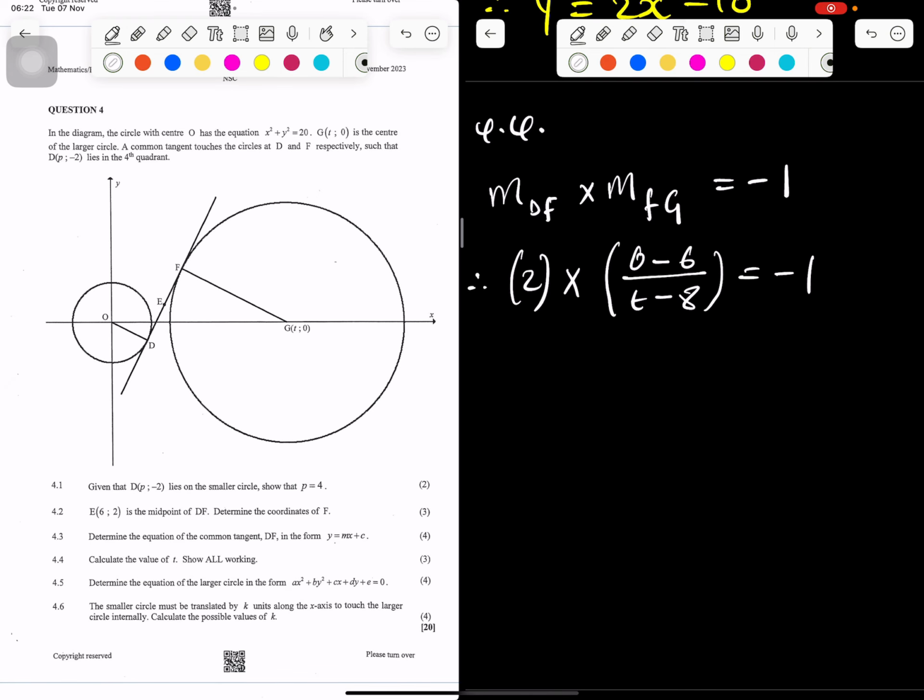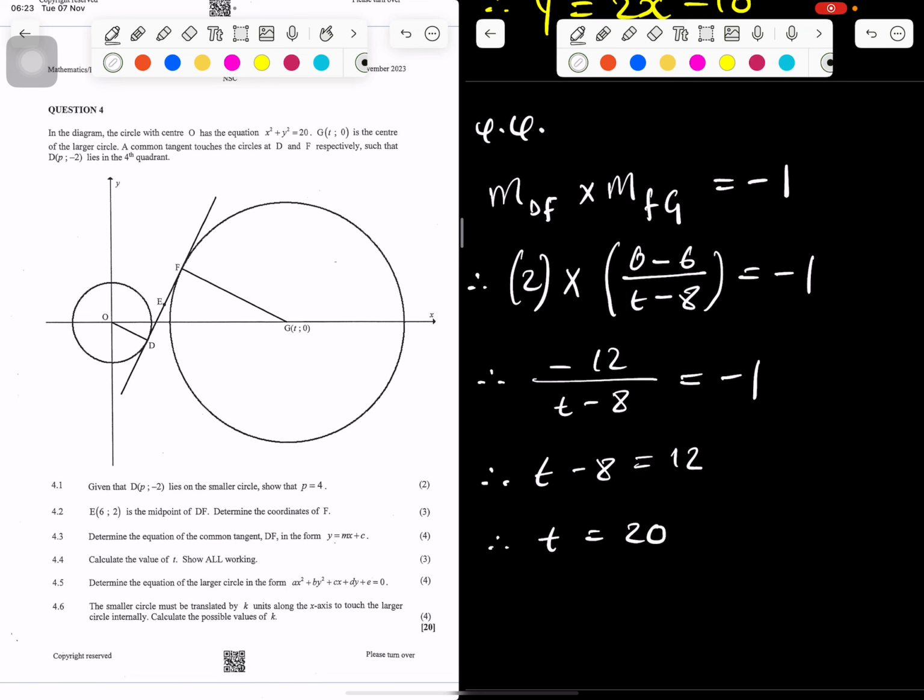That must give us negative 1. Therefore, this is negative 12 over t minus 8 is equal to negative 1. You can divide by negative on both sides, so you will have t minus 8 is equal to 12. Therefore, t is equal to 20.